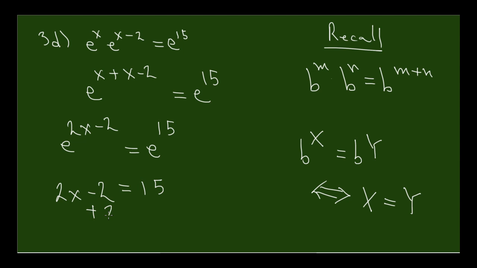We add 2 to both sides, giving us 2x is equal to 17. And finally, after dividing both sides by 2, we get x is equal to 17 divided by 2. And that's basically it for that problem right there.